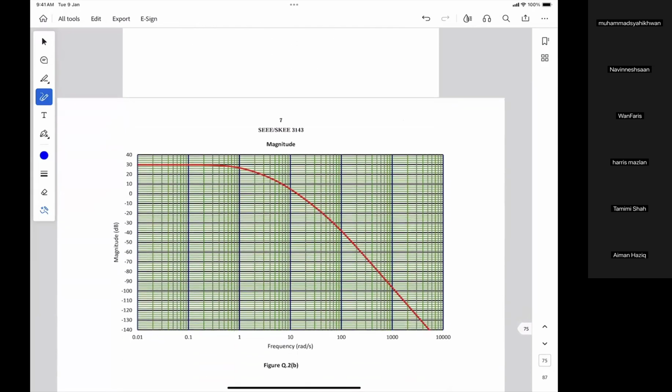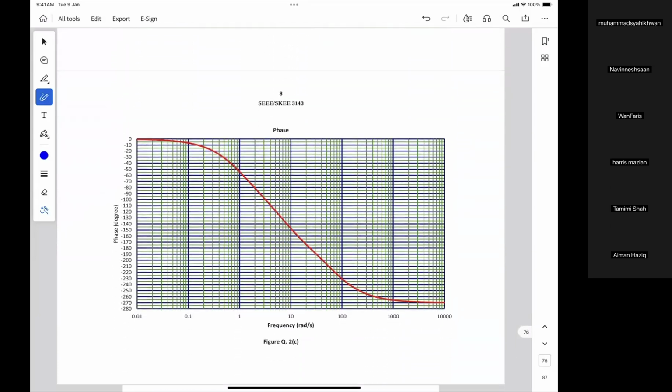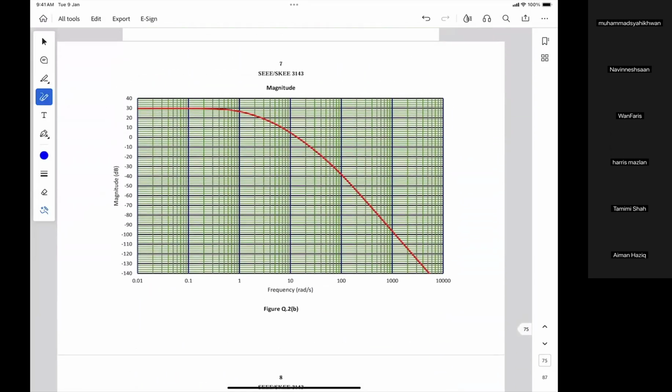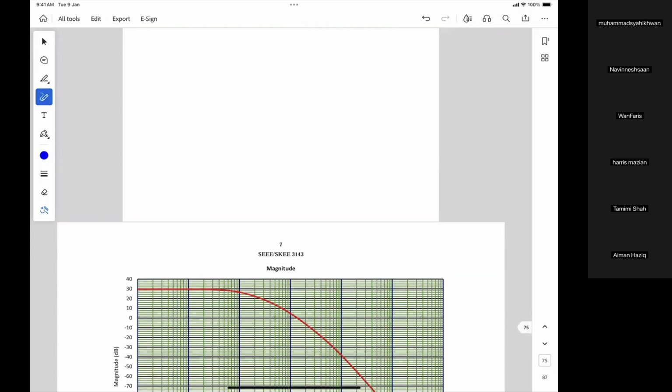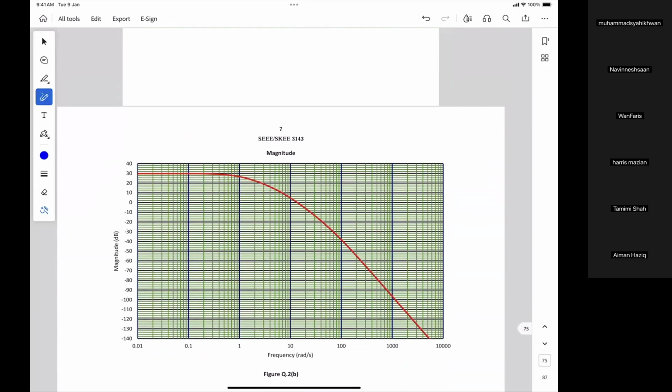Okay, so plot is given. This is magnitude, this is phase. Your comment? One Faris. Transfer function is not given. So what is the system type?